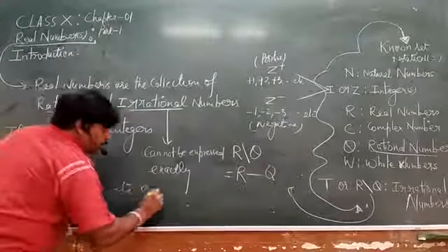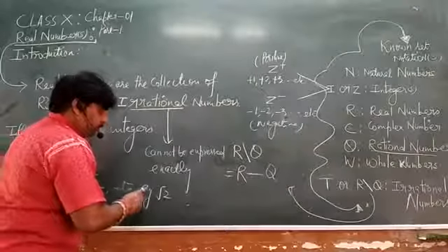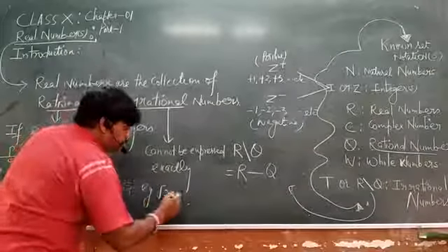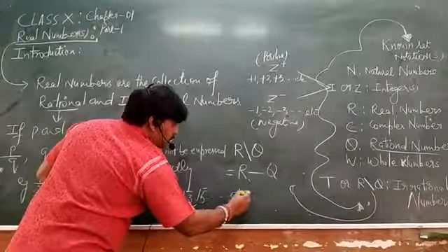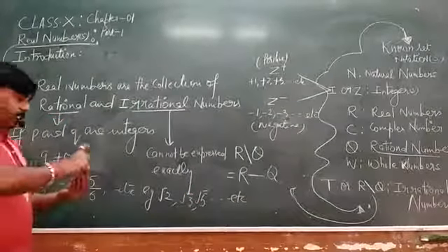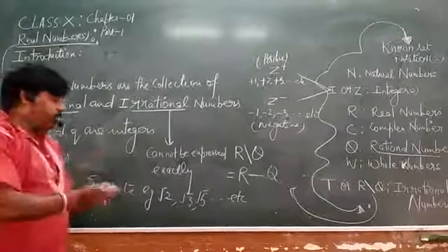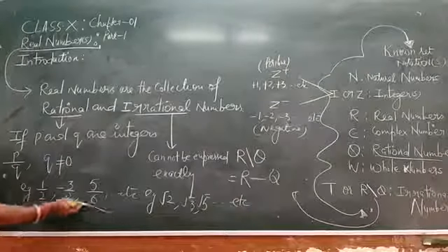For instance, root 2, root 3, root 5. These all are irrational numbers. For rational numbers, p and q are integers and the number can be written in the form of a fraction, where the denominator should not be equal to 0. Then you can say these are rational.